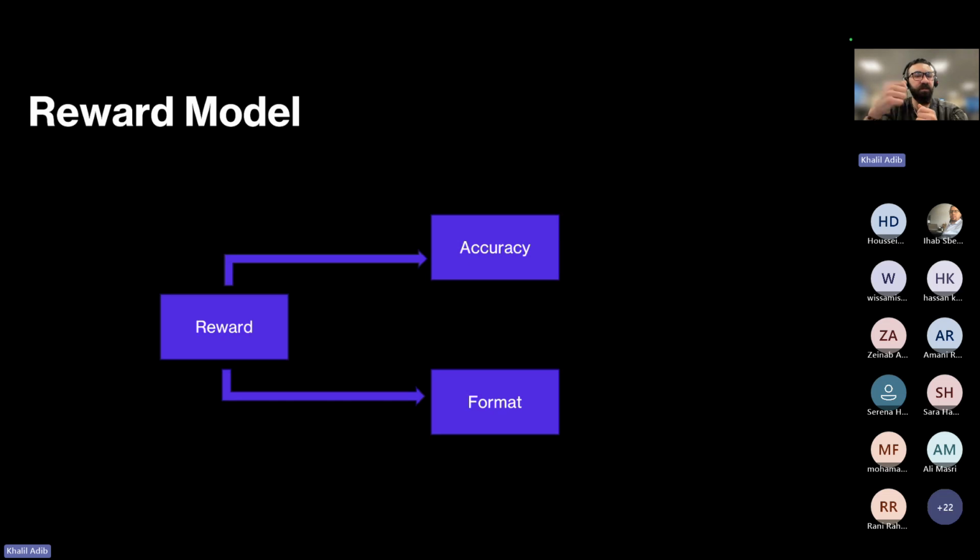And if the user asks in Chinese, the LLM has to answer in Chinese. And they used other rewards for helpfulness and harmfulness and so on, just to make sure the LLM is not returning toxic outputs. But yeah, I can send the paper later, and then I can point you to the section where they mentioned that. So thank you so much.